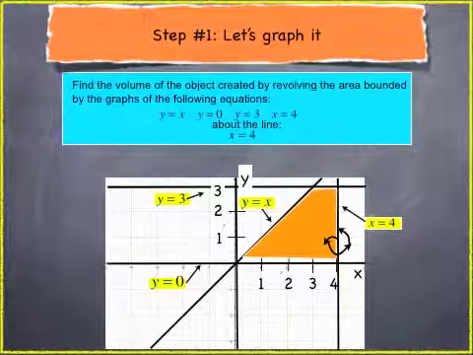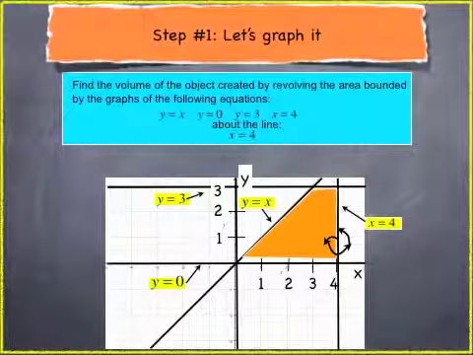The next step is to look at the line that we are going to revolve this region around. In this case, that is x equals 4. You'll see that I have arrows around the line x equals 4, because that's what we're revolving around.